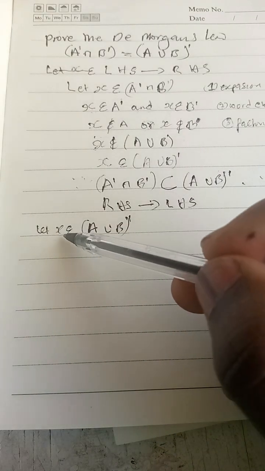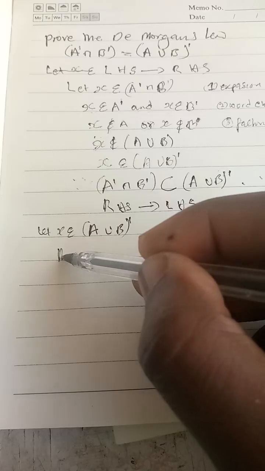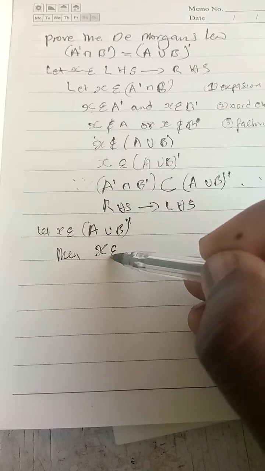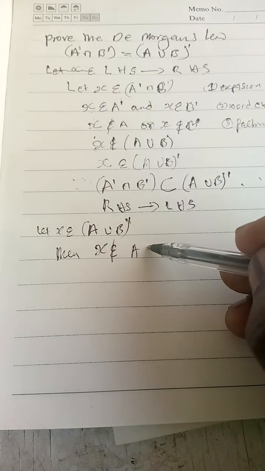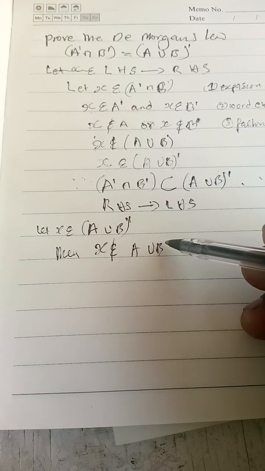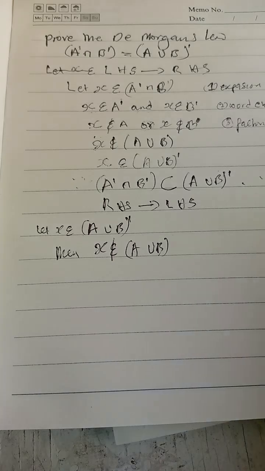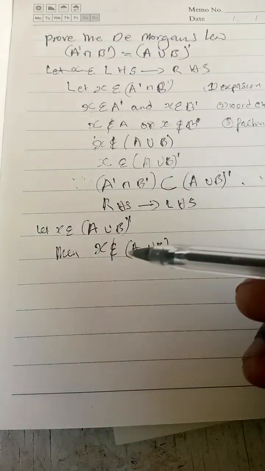So if x is a member of this, then x is not a member of A union B without a complement. Then we do the expansion.